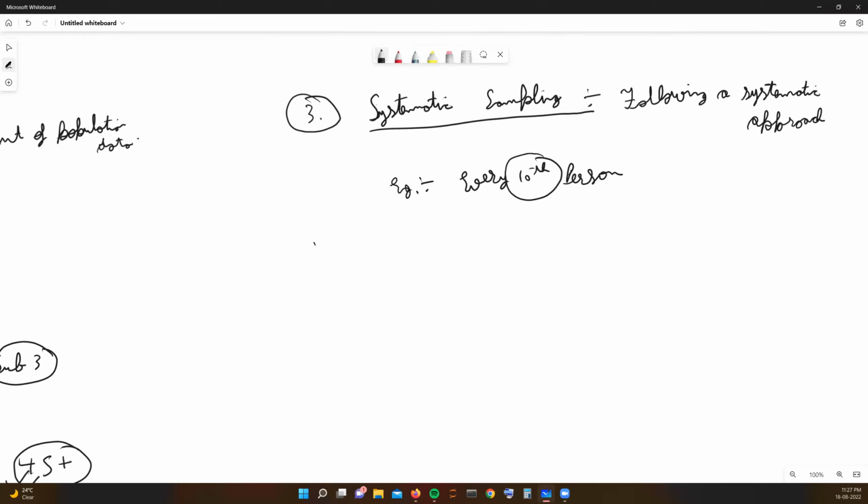Now, coming to our fourth and last technique, last but not least, is convenience sampling, also known as cluster sampling.